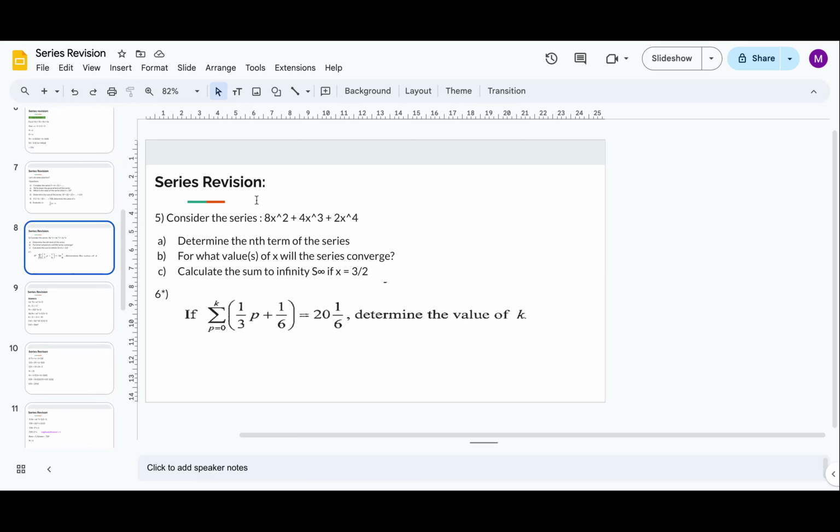I'll repeat. What is the value of k? To what value am I summing over?